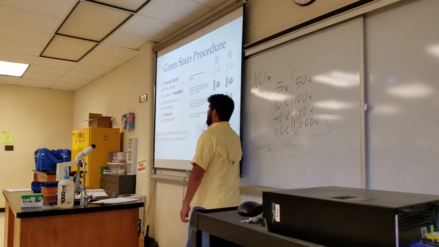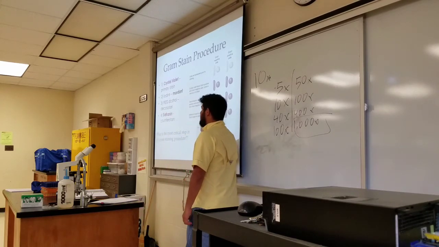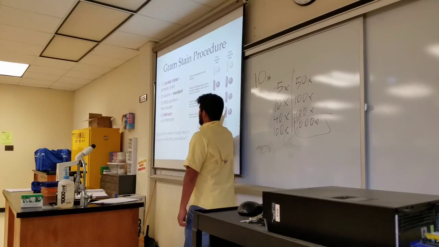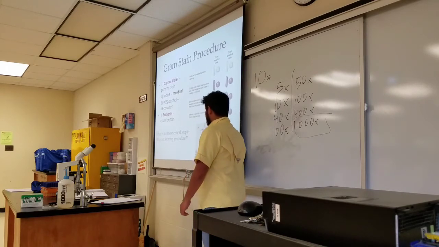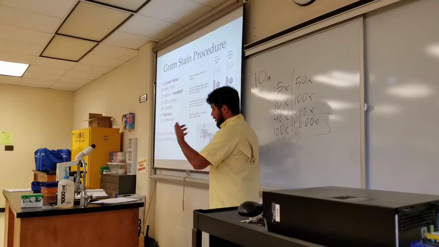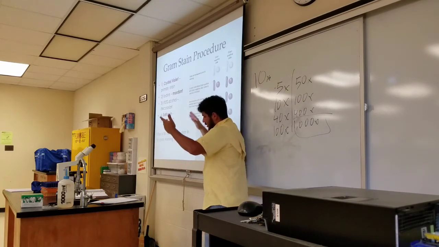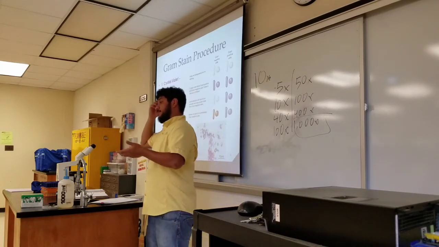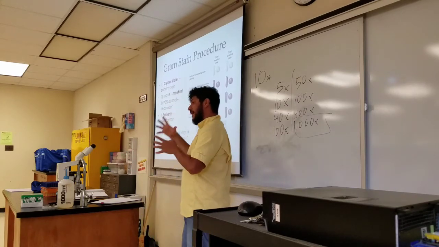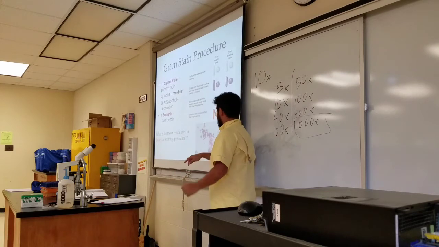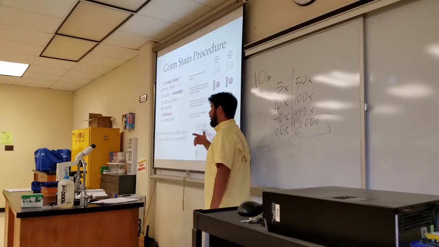Counter-staining will stain the bacteria that are not stained from crystal violet, and when we observe them under the microscope, then we will observe gram-positive bacteria as purple, gram-negative bacteria as pink. All right, and that's how we make gram-positive purple and gram-negative pink.